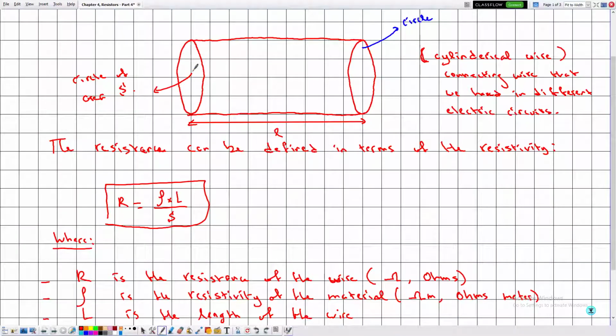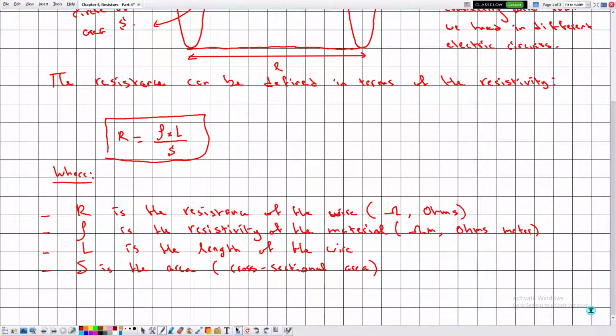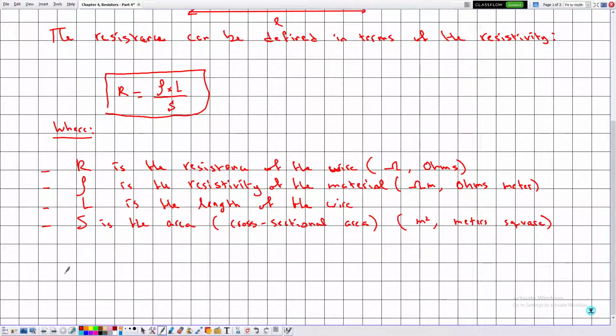So we are measuring the area of the circle, and its SI unit is meter square. And if the area is circular, then we know that the area of the circle is given by pi r square, in which r is the radius.